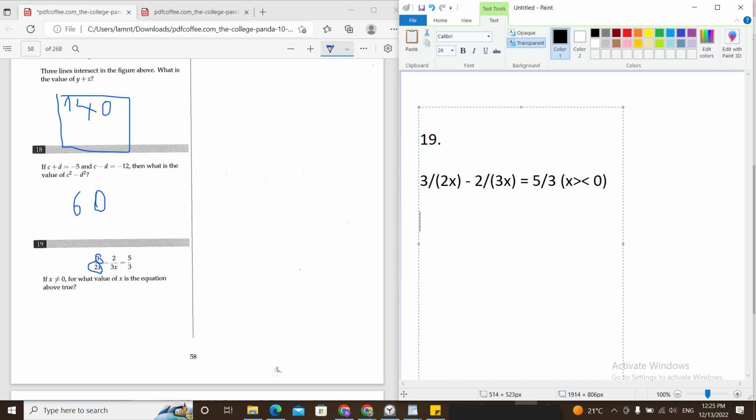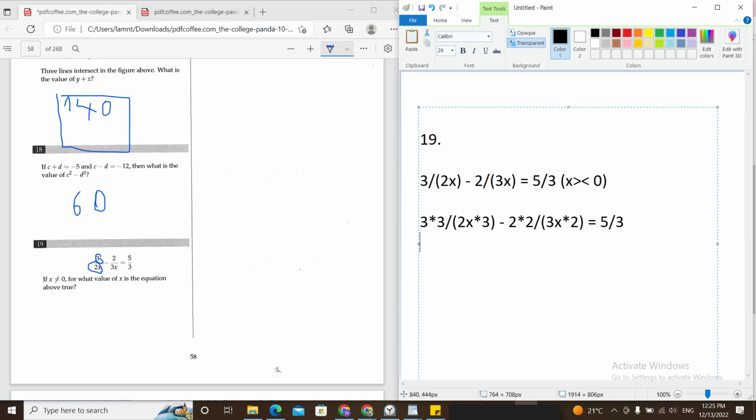So it's going to be 3 times 3 over 2x times 3. It's legit because we multiply both the denominator and the numerator by 3. Then 2 times 2 over 3x times 2, and that's equal to 5 over 3.